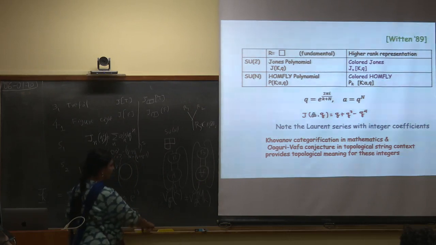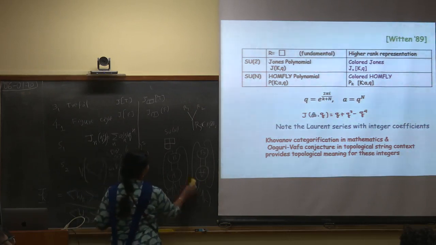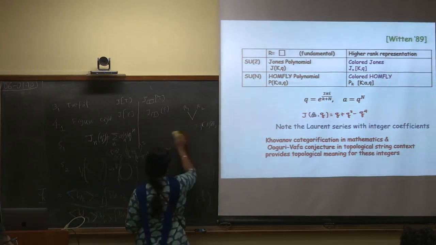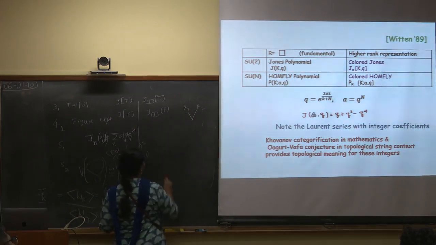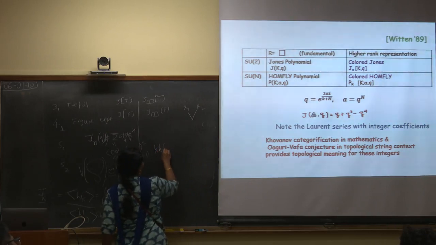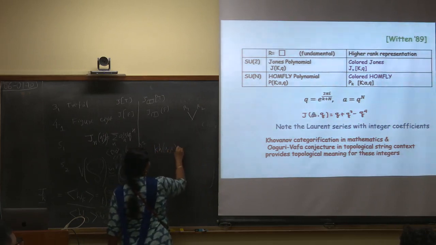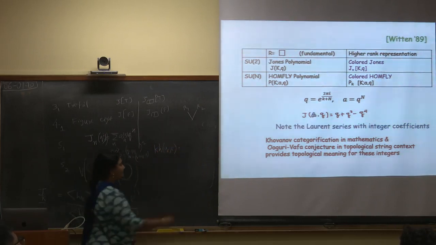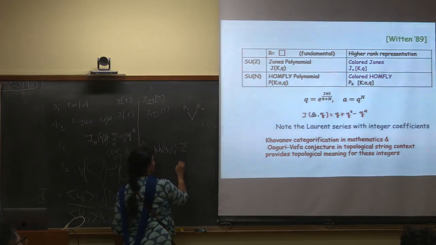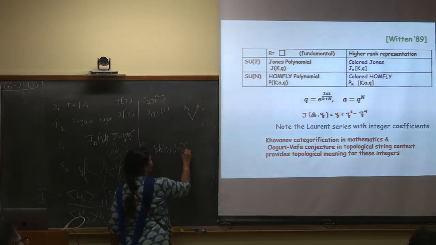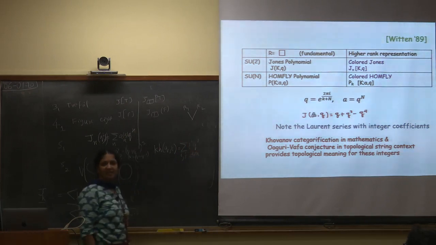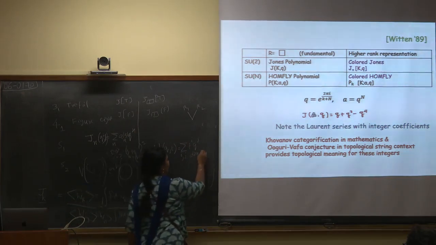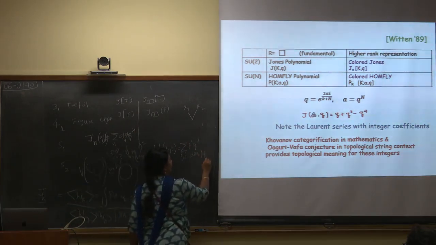So all these Jones polynomials, let me call it Kh of q and t, will turn out to be a summation over i and j of t to the power i, q to the power j, times the dimension of a bigraded homological chain, the Hilbert space.